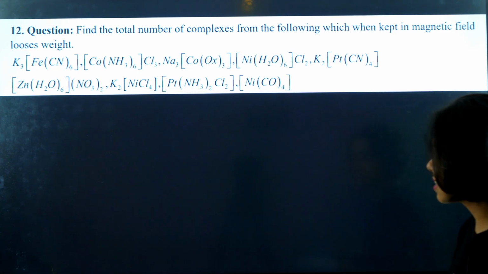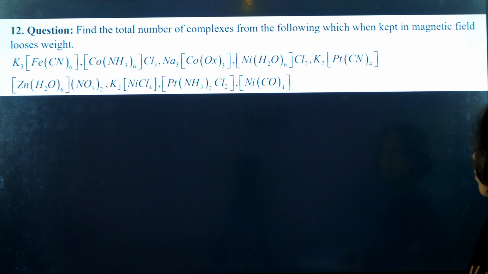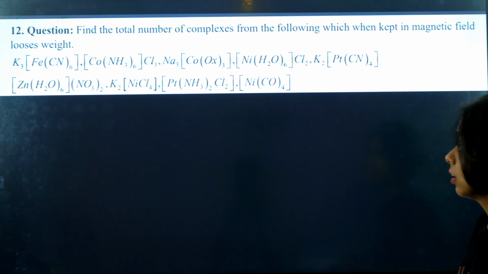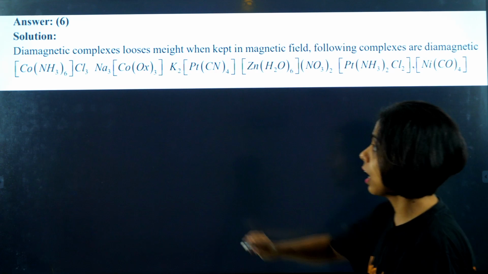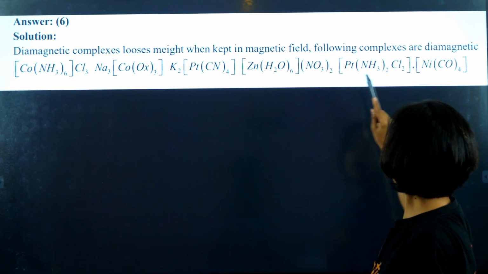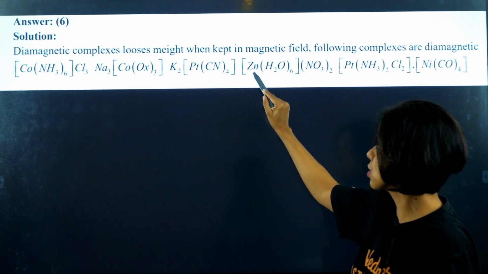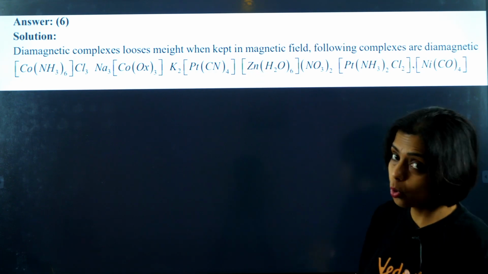So I can see CN is there, ammonia is there, oxalato is there, CO is there, like strong field ligands, right? So you have to figure out the complexes which have strong field ligands: ammonia, oxalato, cyanide, CO. And in this, zinc is having no unpaired electron.